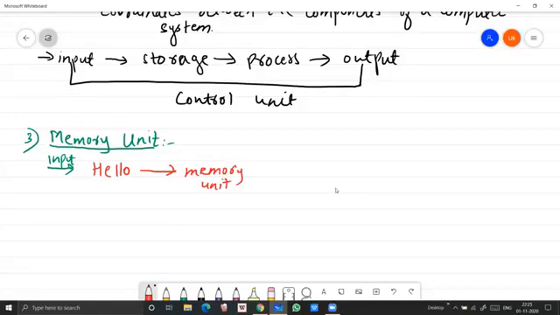Then what happens, students? The memory unit uses a set of pre-programmed instructions to further transmit this data to other parts of the CPU.